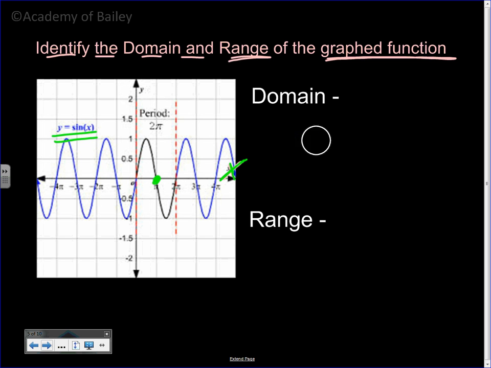But when we talk about y equals sine of x, if you can see here, this is actually pi. That point is actually pi. This would be 2 pi, and this would be 3 pi. So what is this point right here? Well, that would be 1 pi. So you go 1 pi to the right and up and down 0.